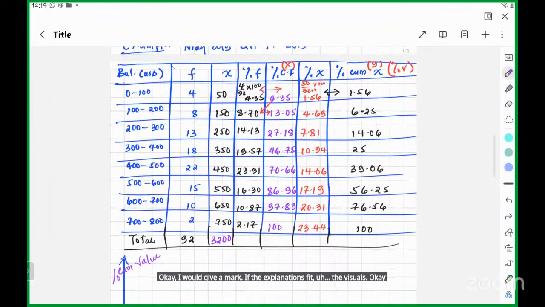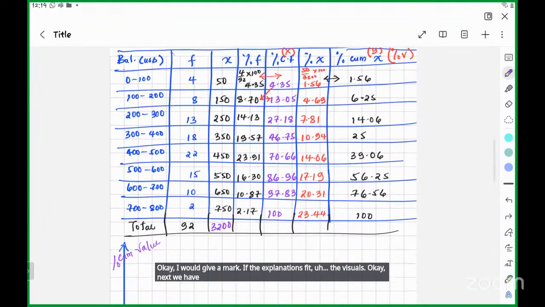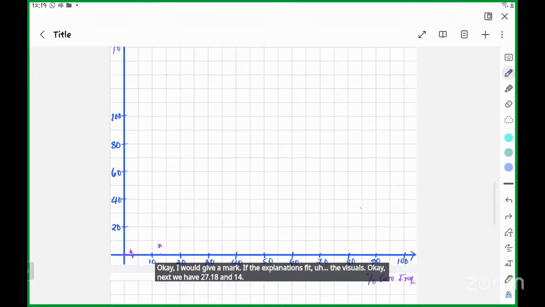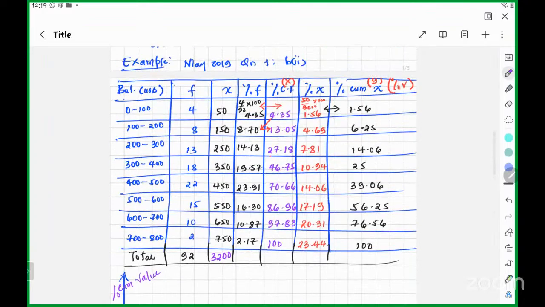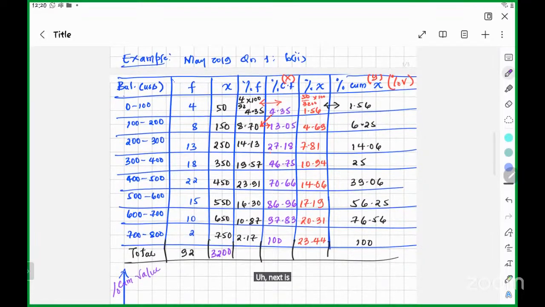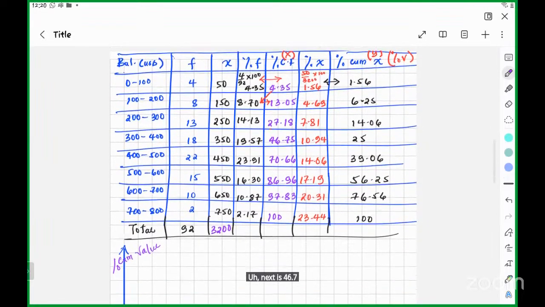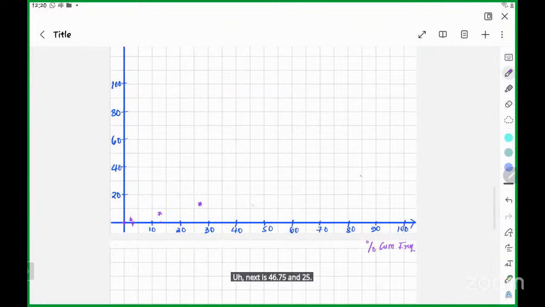Next we have 27.18 and 14. 27.18 and then 14 is somewhere here. Next is 46.75 and 25.